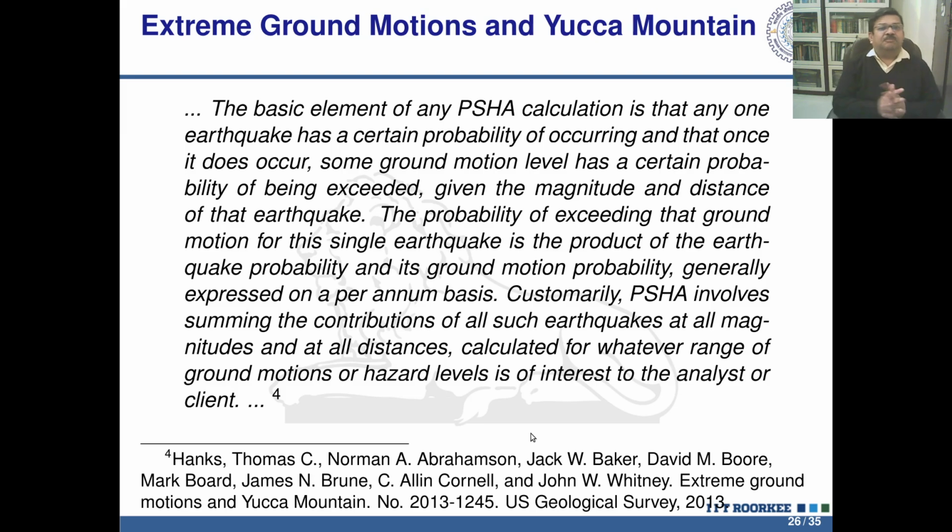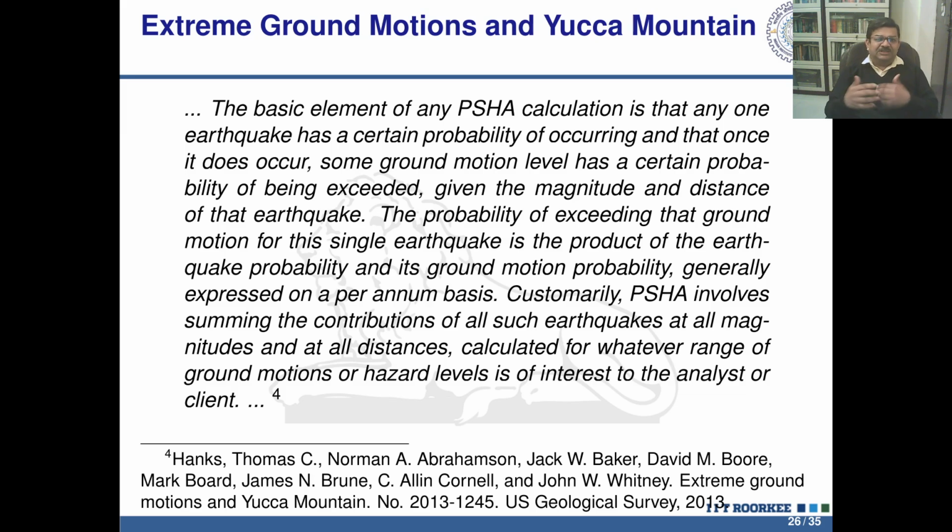So the problem here is, again, why Yucca Mountain and extreme ground motions at that site? A basic element of any PSHA calculation is that any one earthquake has a certain probability of occurring, and that once it does occur, some ground motion level has a certain probability of being exceeded.